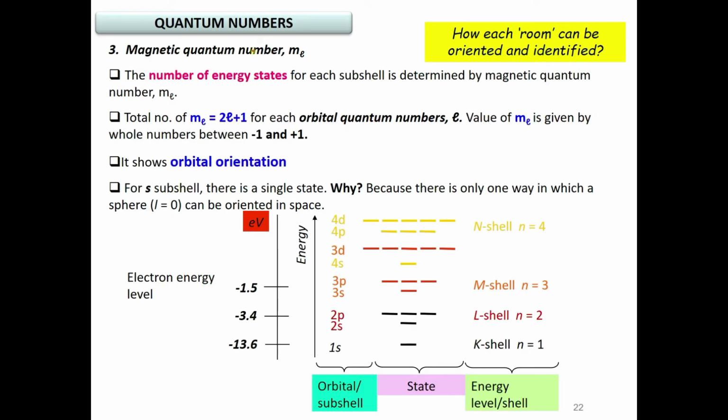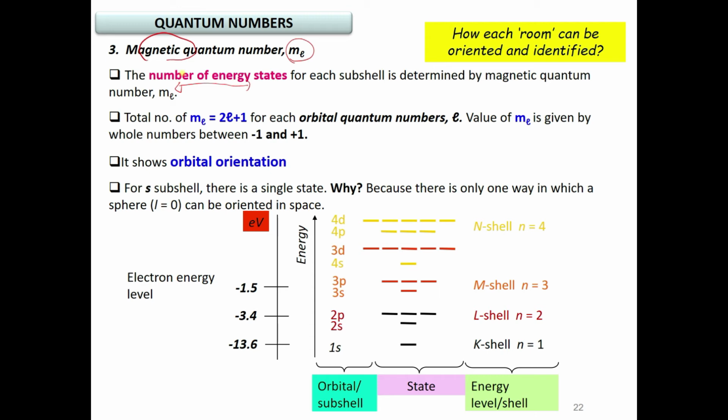The third quantum number is the magnetic quantum number, or ml. The magnetic quantum number defines the number of energy states, because we know that an electron located in an atom is based on the energy level belonging to that specific electron.